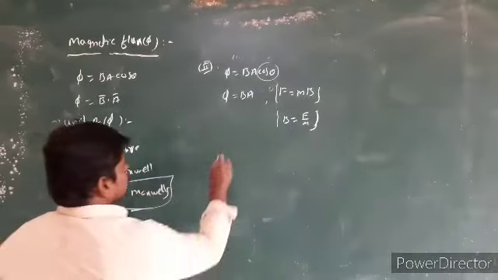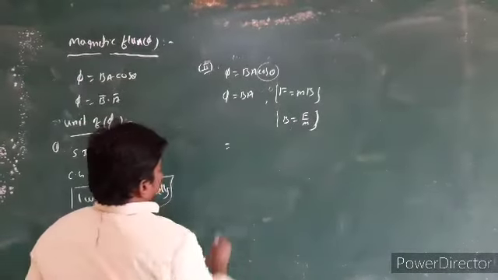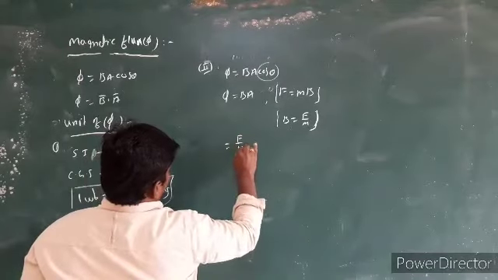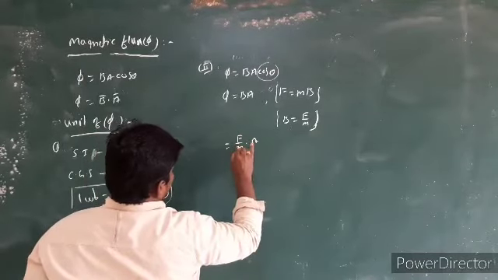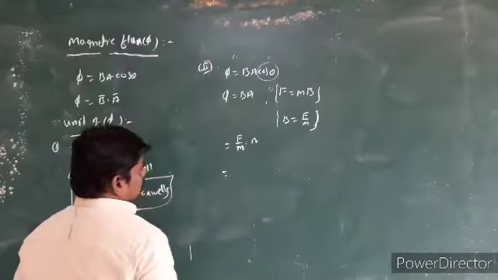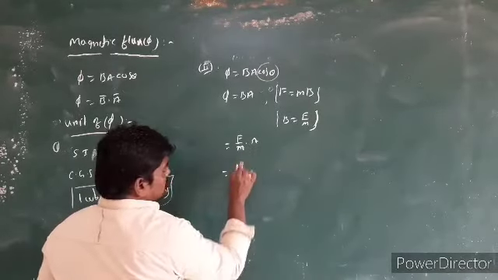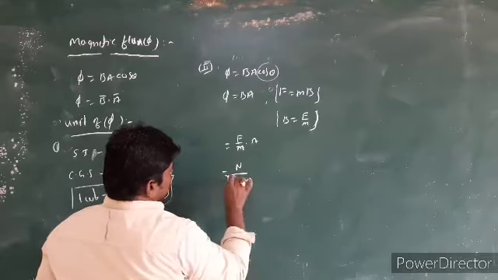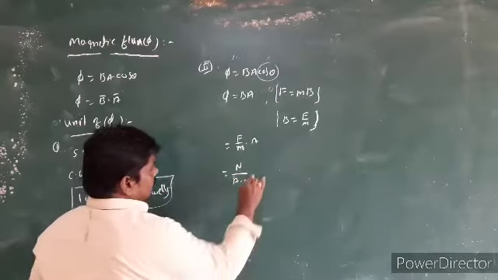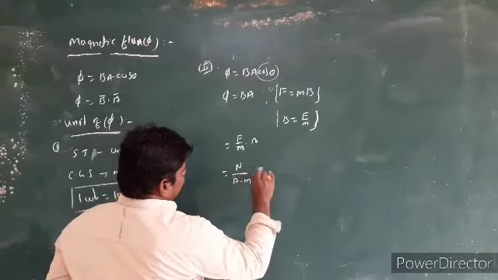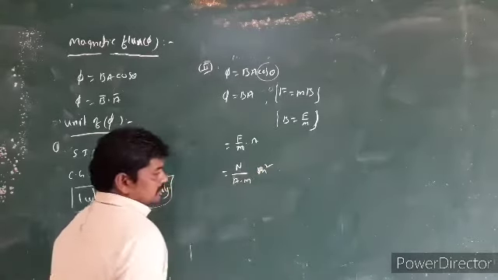Now here, in BA, in the place of B write F by m into area. F is force, the unit is Newton. m is pole strength, the unit of pole strength is ampere meter. The unit of area is meter square, SI unit.